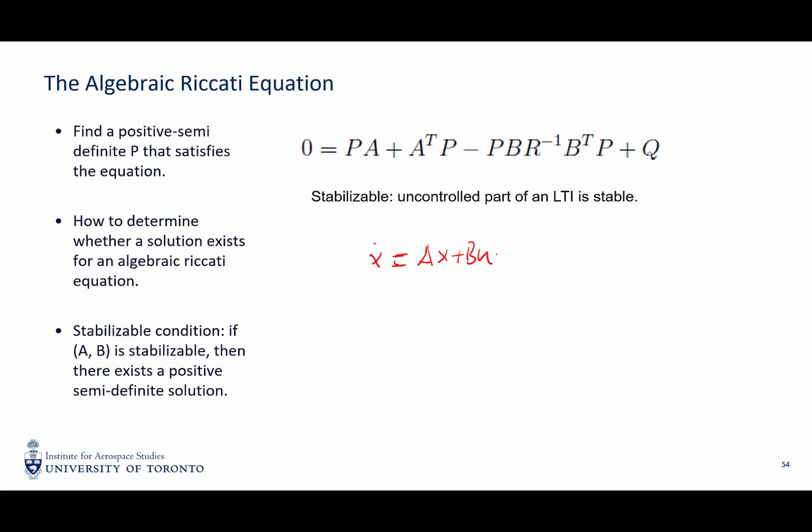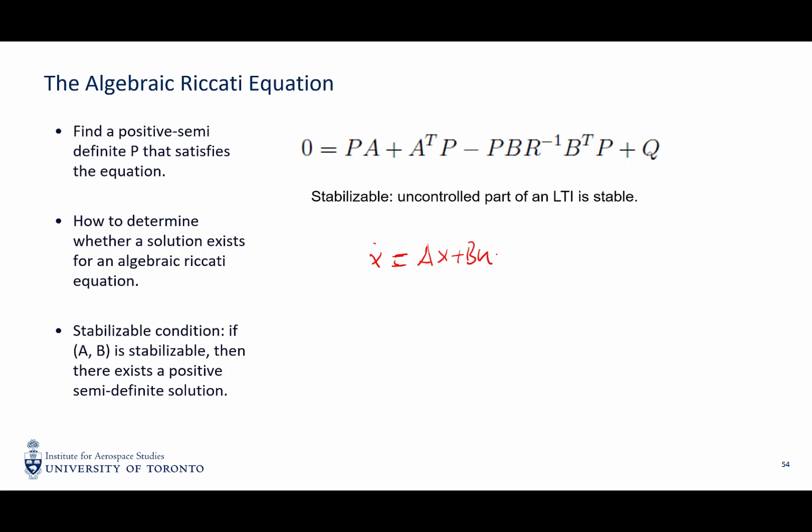So it's different from controllable. For controllable, we said that we can control the full states, but that is often not quite realistic for some special systems. But if the uncontrollable part is stable, and we can design a controller to control the controllable part, then the entire system can still be stabilized.